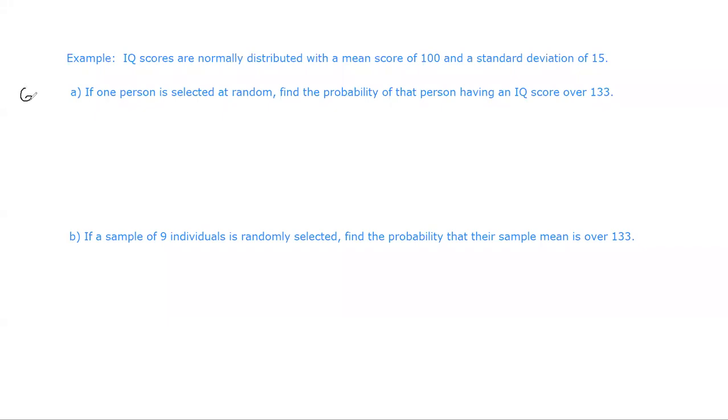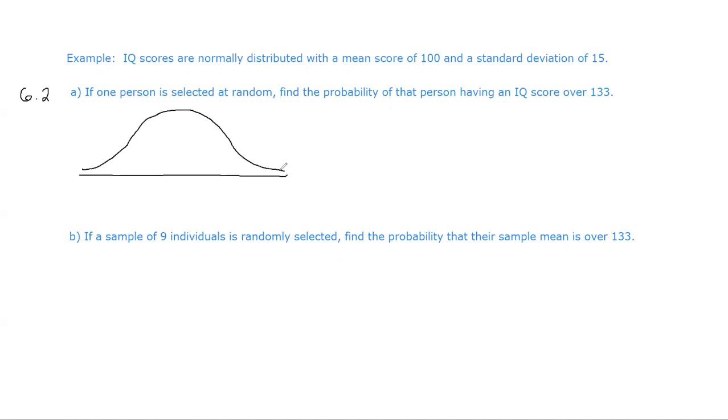Part A is a 6.2 problem where one person is being selected from your population and you're given the population's mean and the population's standard deviation. So if we were to look at this, here is our bell curve.